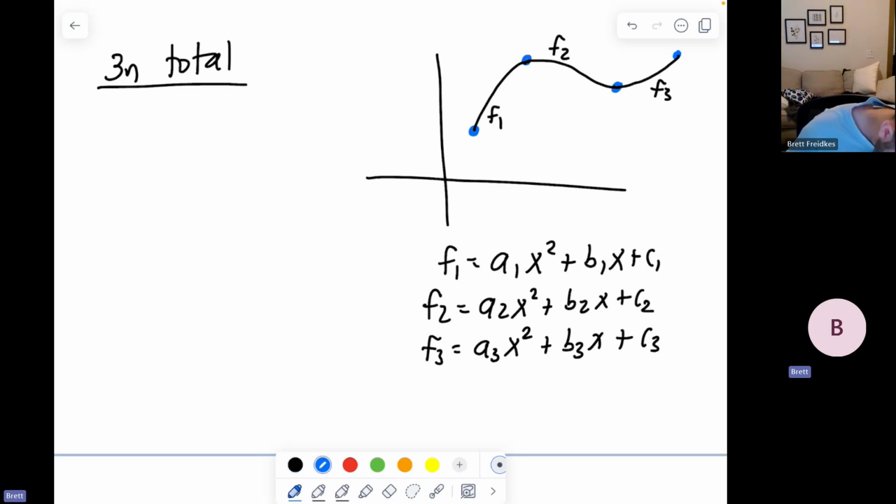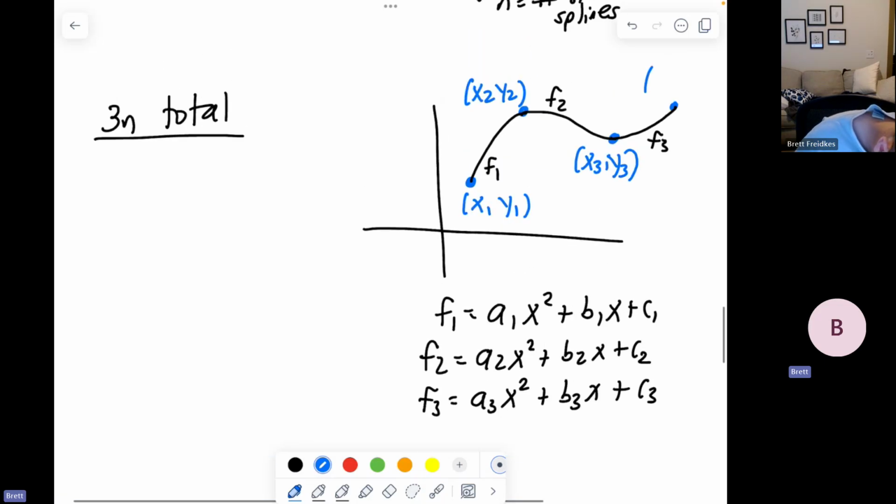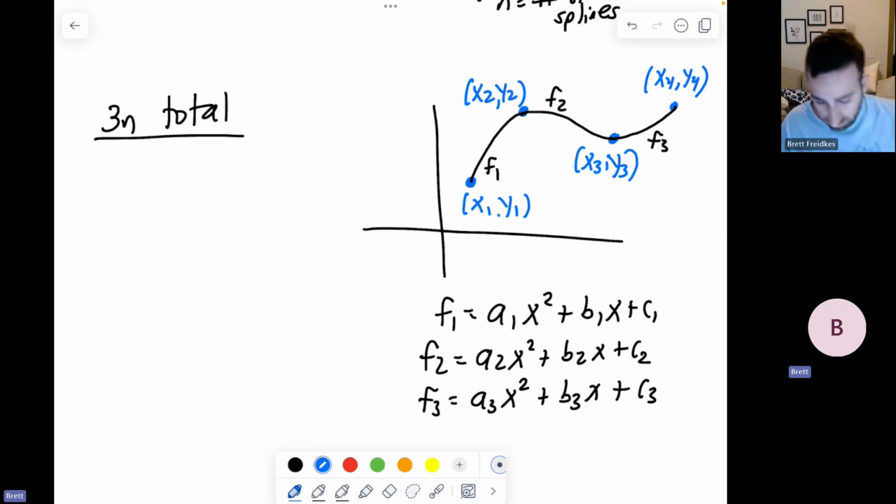So these data points, let's say I call this one x1, y1. Let's call this one x2, y2. This one is x3, y3. And this other one is x4, y4. So if a point is on a function, that means it must satisfy the equation.